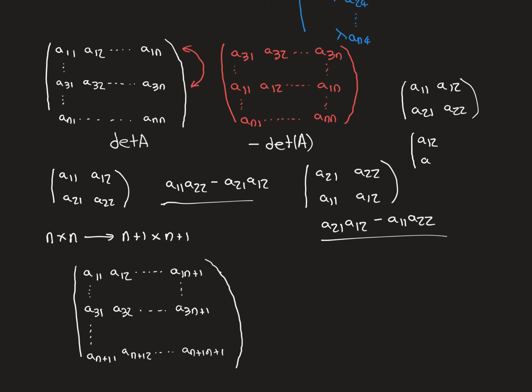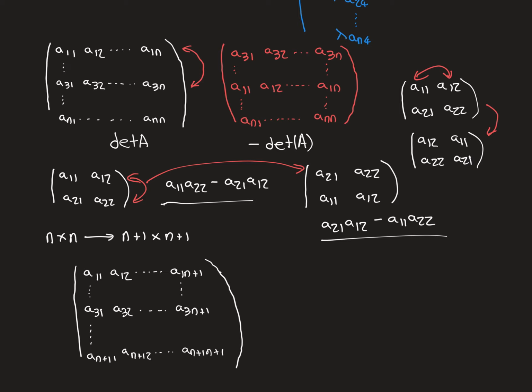So turn it into A12, A11, A22, A21. Here we switched the rows, whereas here we switched the columns to get this. I keep saying the wrong thing, I'm sorry, it's been a long day. So here we have switched the rows to get this. Here we are switching the columns to get this.